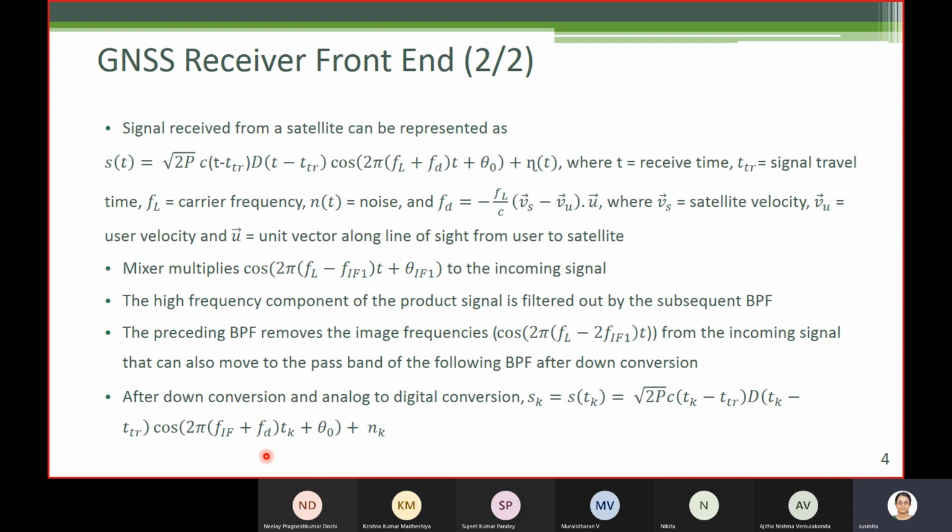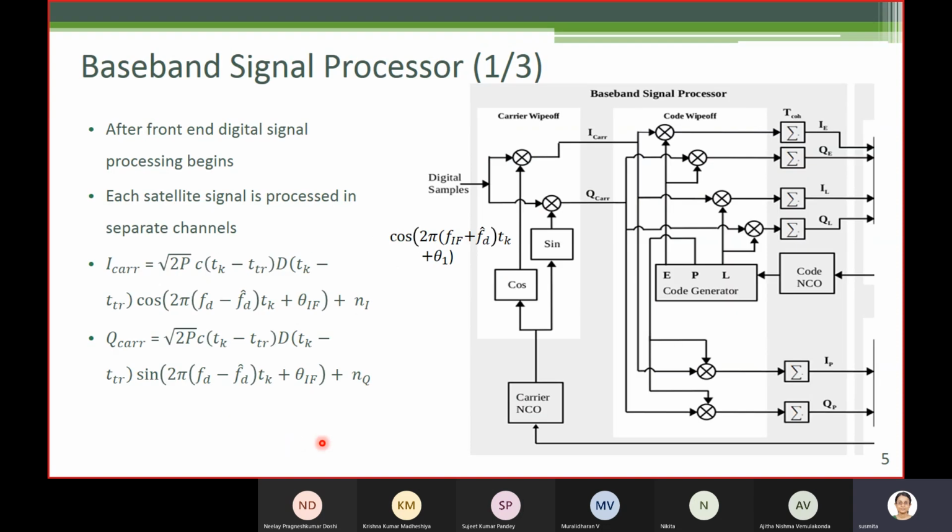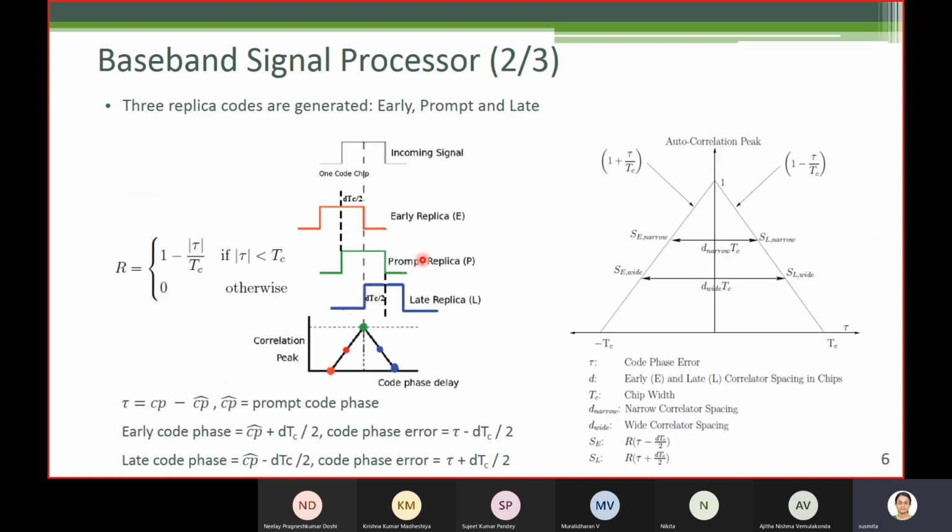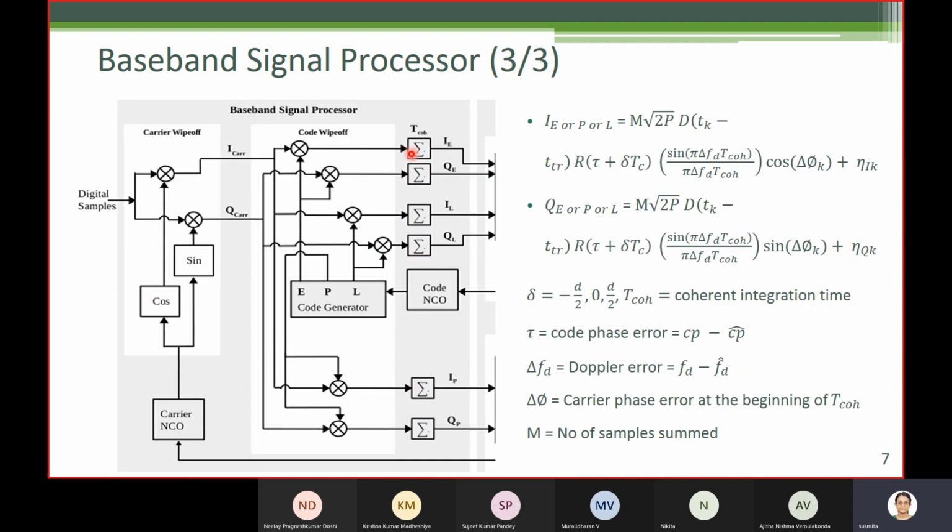Similarly, this is the incoming. So at some time instant it has a phase, correct? Similarly, the replica also has a phase. The difference between two carrier phases at the beginning of this summation is delta phi. So if the replica carrier is perfectly aligned with the incoming carrier, delta phi will be 0.